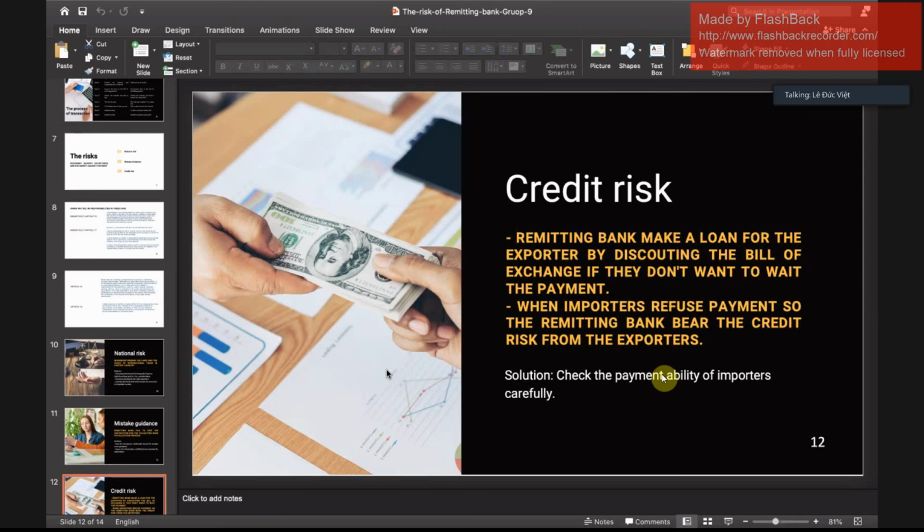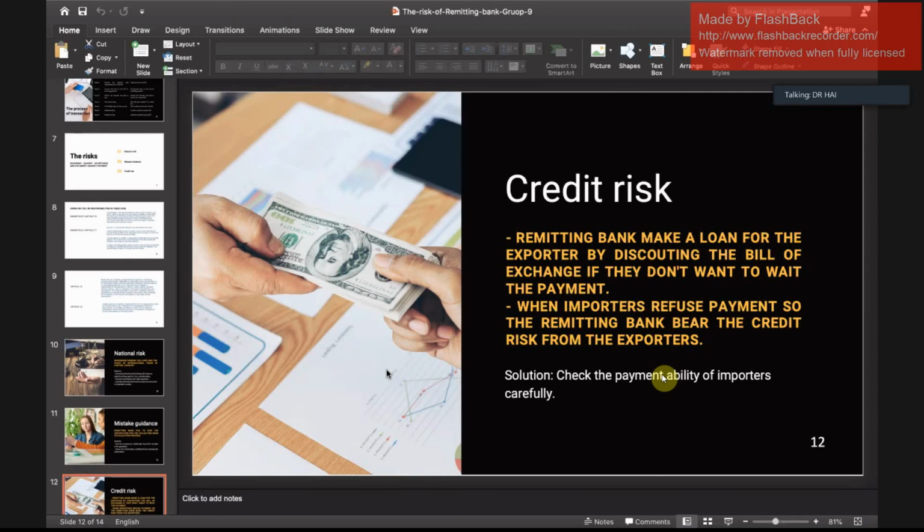So the remitting bank will face credit risk if the importer does not pay the bill. So you mean that there is a risk, right?